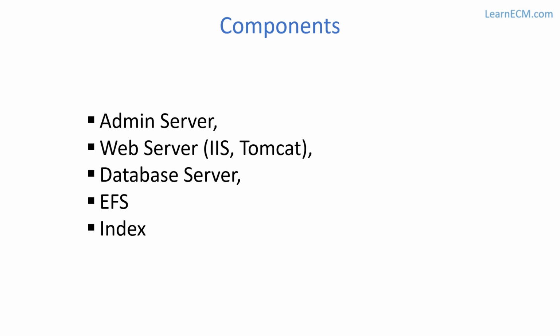Then we need a database server. It can be Oracle, SQL, or various database systems which Content Server supports, and the information can be found in the release notes. Then we need EFS, the external file storage, to store the content, and then indexes. These are the various components that make a Content Server system.